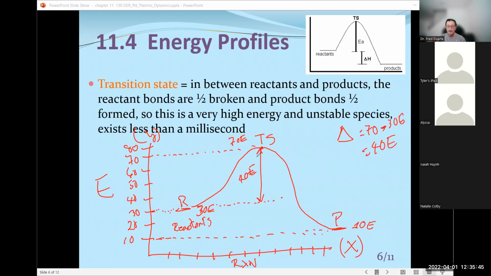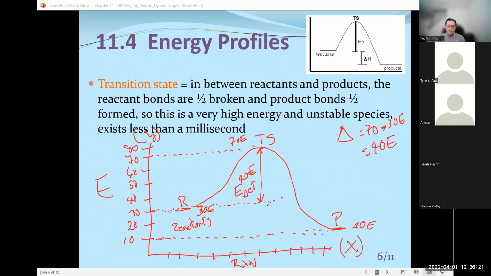That area is called the energy of activation. For this hypothetical reaction, the energy of activation is simply 40 units of energy. That's how much energy I need to get on top of the hill. If I don't have 40 units of energy in this example, if I got 39, I never hit the transition state, and I don't have a reaction, okay? All right, so that's the energy of activation. It's the change of energy between the transition state and the reactants.